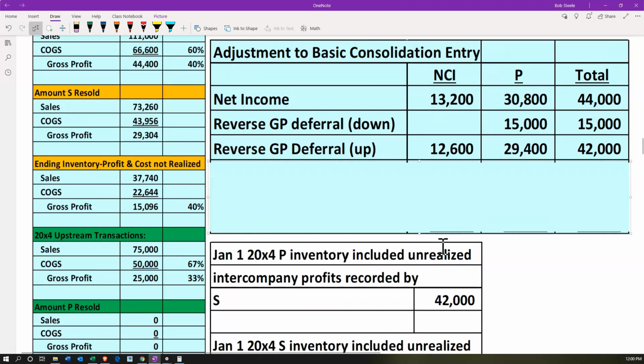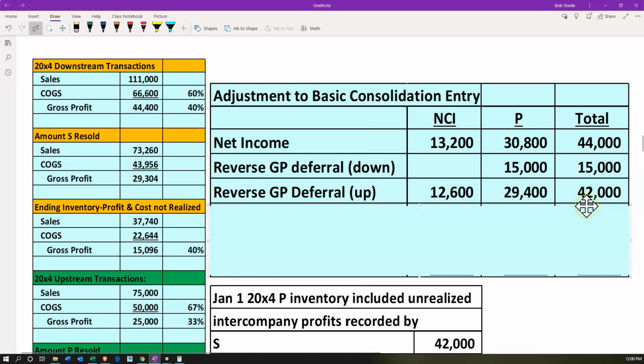So we're going to say, okay, our standard process, 42,000. And this one, since it's an up transaction, is going to be broken out in accordance with our 70-30 split. So we've got the 42,000 times 0.7. That gives us the 29.4 here. And then we've got the 42,000 times 0.3, which gives us our 12.6. So that's going to be that.